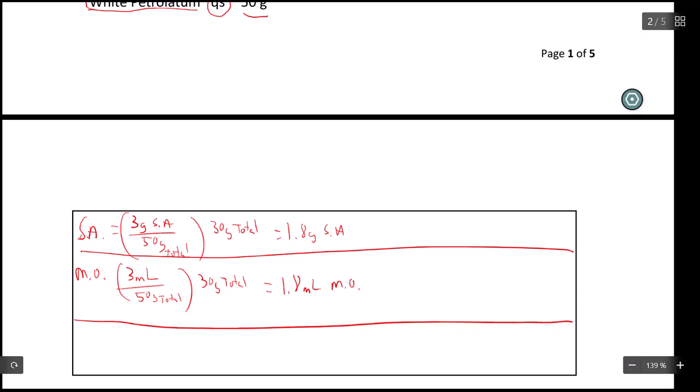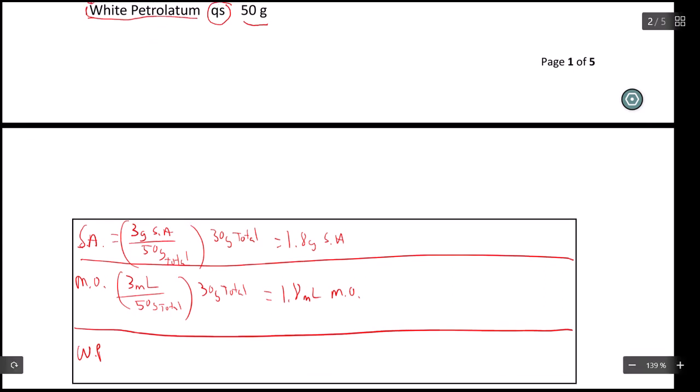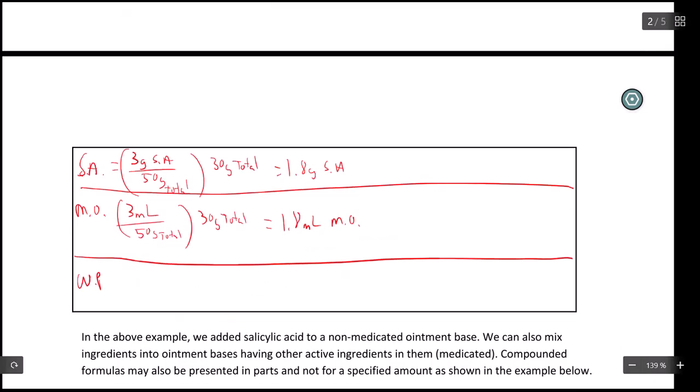Okay, that works out fine, but the only thing is that when we go to the last thing, which is white petrolatum, how much white petrolatum do we need to weigh out? We know that the total amount has to weigh, right, in our case 30 grams, but we have 1.8 grams, right? So we know that the total amount that we want to make is 30 grams total, right?